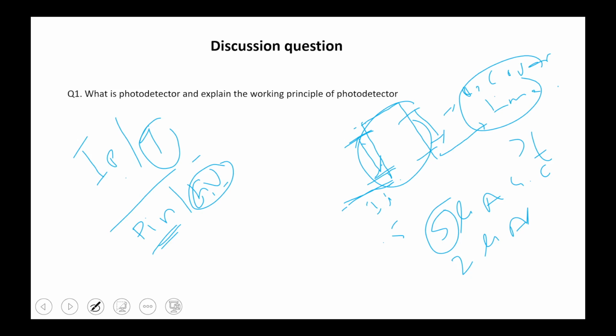If the absorption coefficient is large, it will generate more electron-hole pairs. Can anyone tell me the relation between absorption and responsivity?